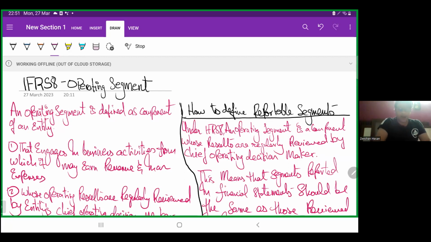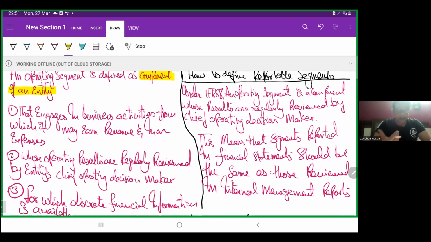IFRS 8 defines an operating segment as a component of an entity that engages in business activities from which it may earn revenue and incur expenses, whose operating results are regularly reviewed by the chief operating decision maker.